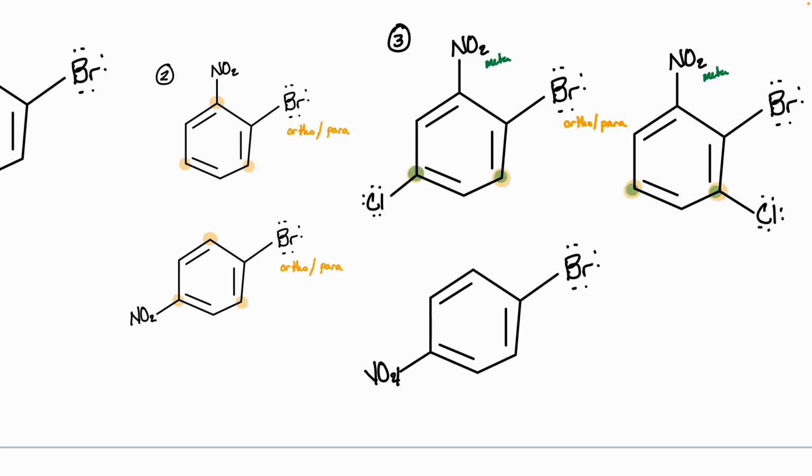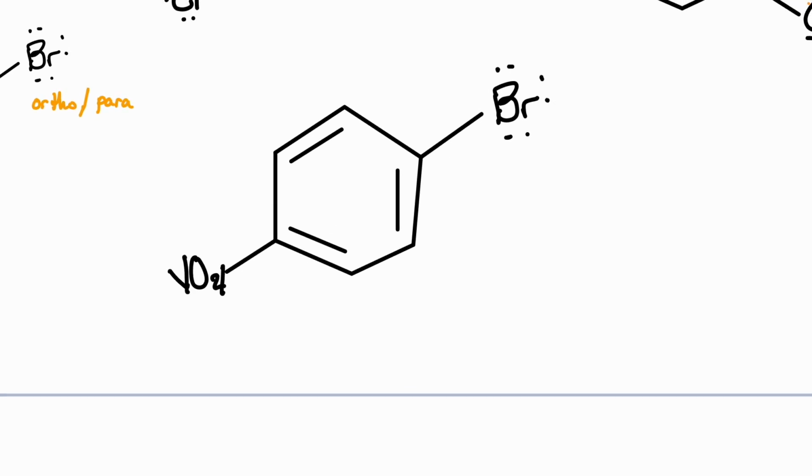Now there was this molecule also floating around here. So I again got to look. We said bromine was ortho-para. Only these two ortho positions are open. Nitro, we said, was meta-directing.